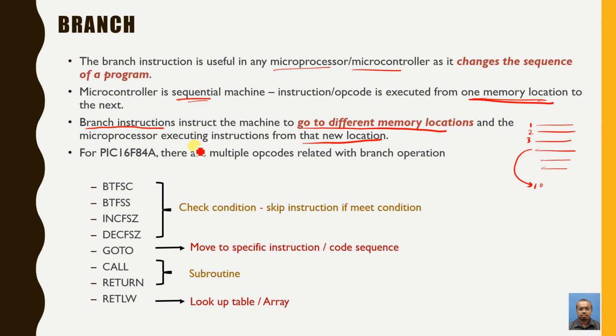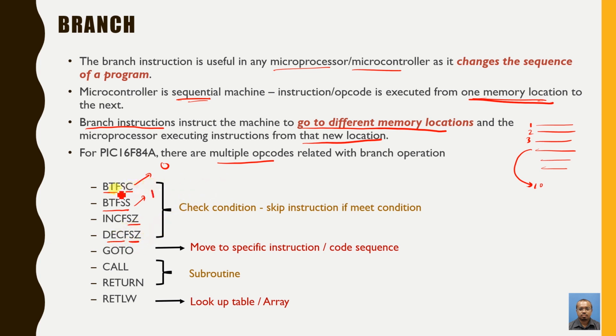For PIC16F84, there are multiple codes related to branch instruction. For example, as you can see here, we have bit test file skip if clear, bit test file skip if set. Clear means 0. Set means 1. And then increment f skip if 0, decrement f skip if 0.